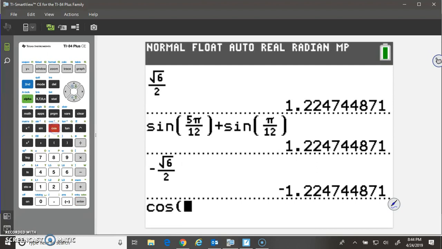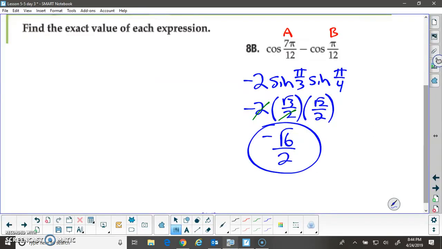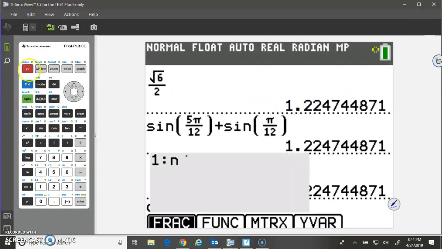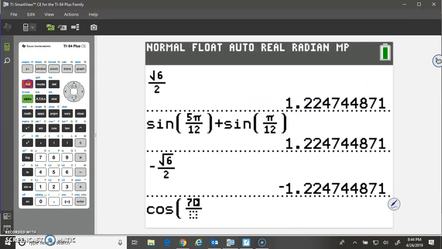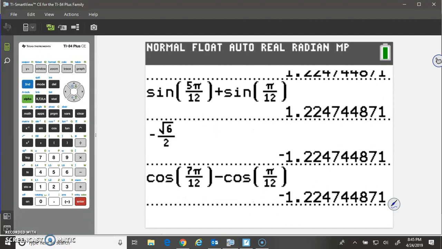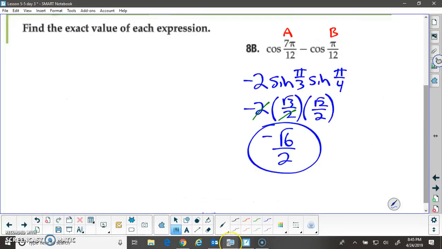Should get the same thing as the cosine of, I believe we've got 7/12, and then we are subtracting the cosine of, oops, let's get a minus sign in there, cosine of pi over 12. And that gives us the same value, so that confirms that our answer is correct. Good way to check your work.